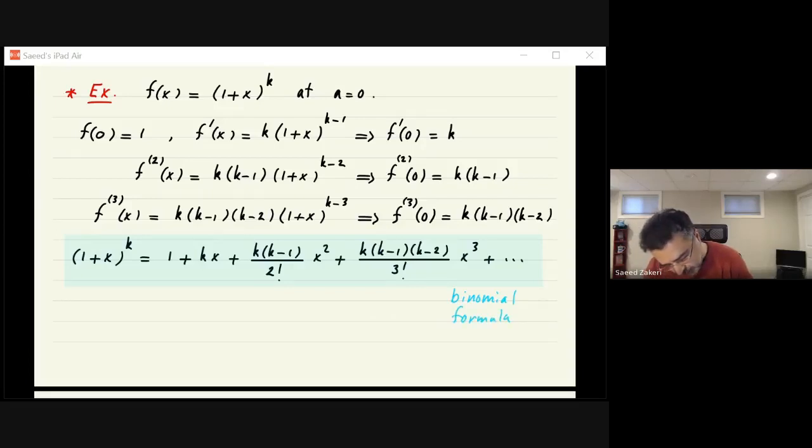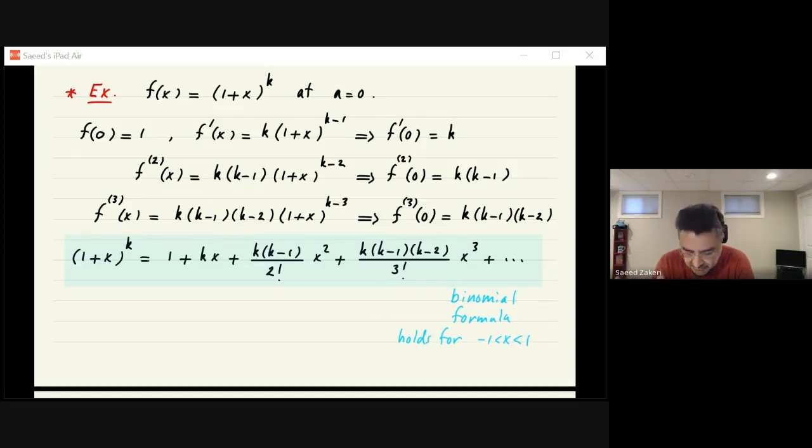In this binomial formula, one can show that this formula is correct if x is between -1 and 1. So the radius of convergence of this power series on the right is 1.